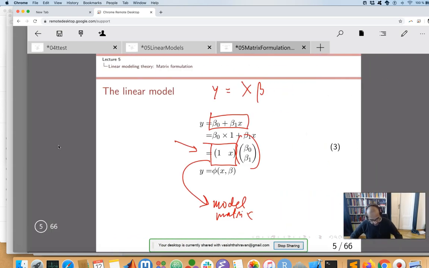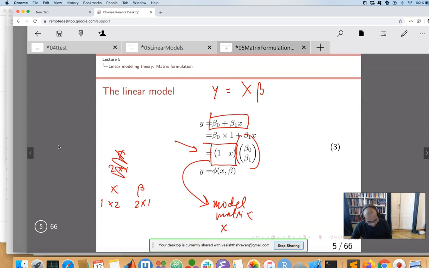In matrix algebra, if I want to multiply, this model matrix x here is a 2 by 1 matrix. Sorry, that is not correct. X is a 1 by 2 matrix, and the beta vector containing beta 0 and beta 1 is a 2 by 1 matrix, right? So in matrix algebra, multiplication of these two matrices would be like this.